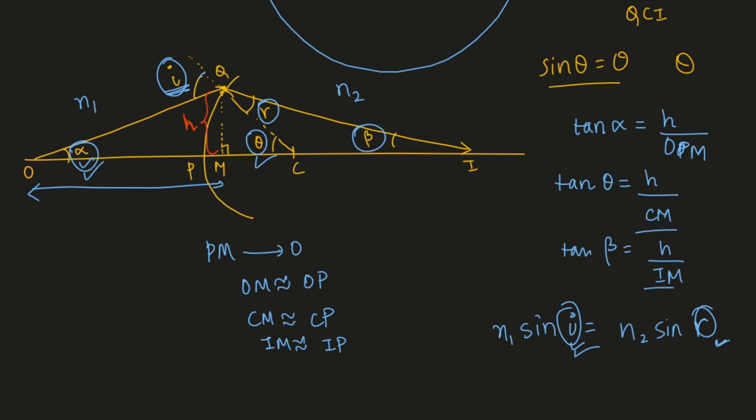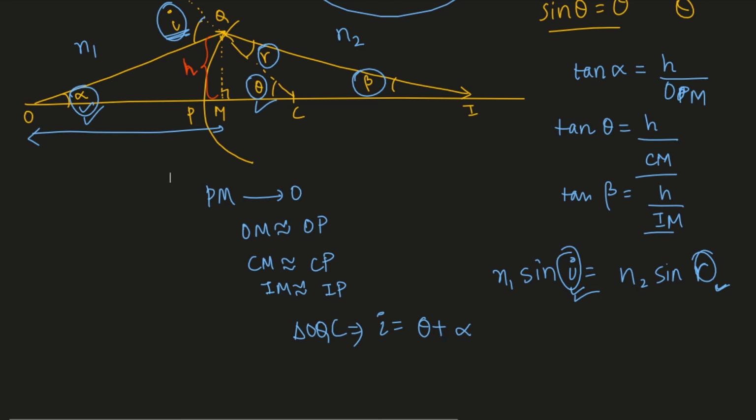So right off the bat, angle I is the external angle in triangle OQC. An external angle is just the sum of the other two angles. So I is equal to theta plus alpha.